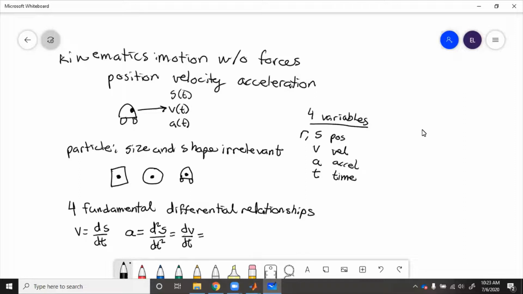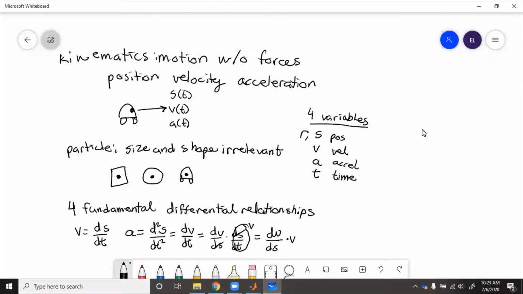So we know that dv dt is the same as dv ds times ds dt, right? Because if you cancel the ds's, you get dv dt. But this is v. So we can also say a equals dv ds times v. All right, so 1, 2, 3, and then 4.